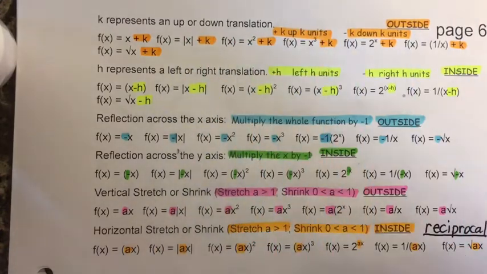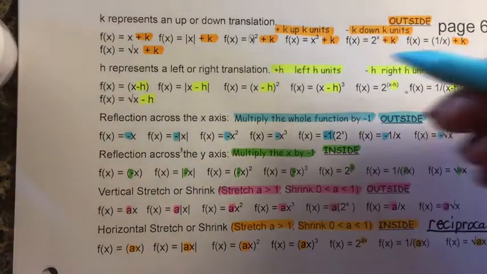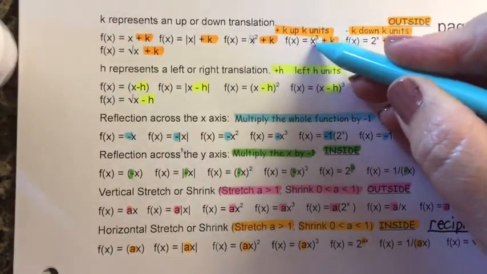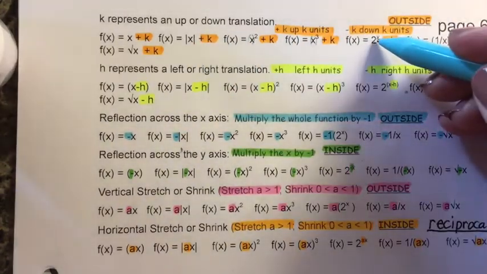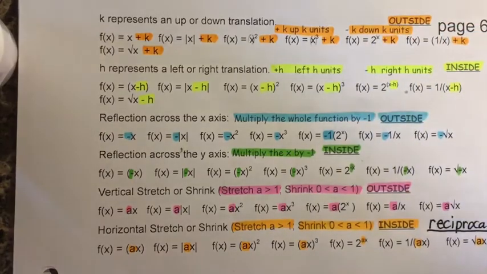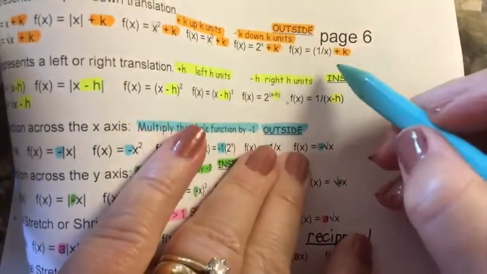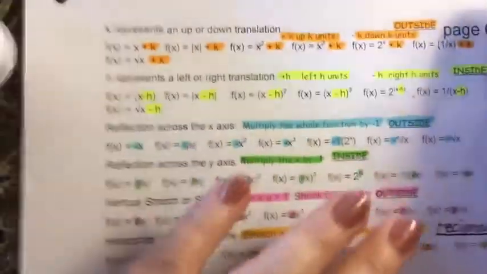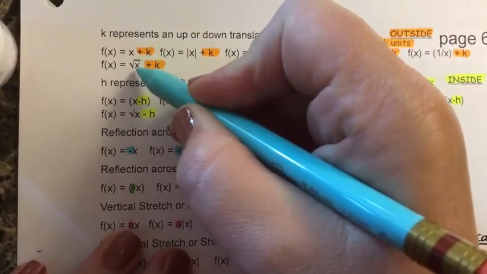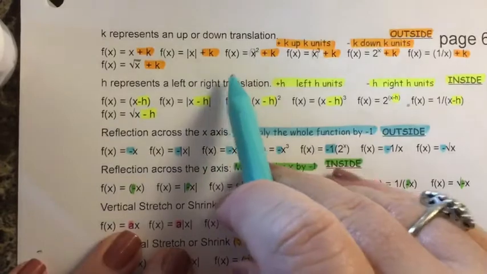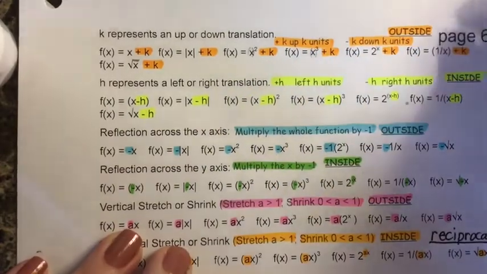X is still alone inside of the quadratic. X is still alone inside. Inside is when there's parentheses around your x or absolute value around your x. X is still alone in this exponent. X is still alone in the denominator here for this one. X is still alone under the square root. So plus k is up k units, minus k is down k units.